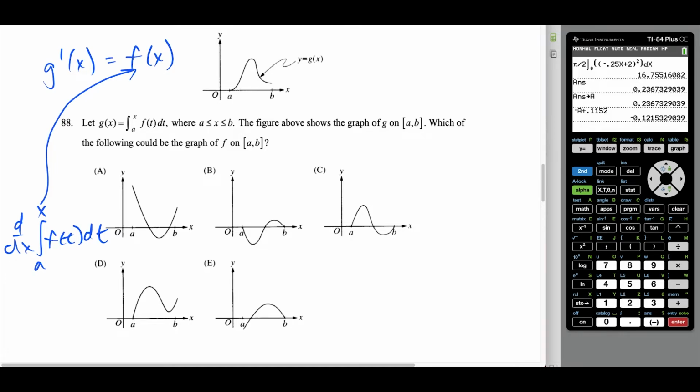So the connection we have to make here is that the derivative of g, or another way of saying this, the slope of g of x, has to match f of x.